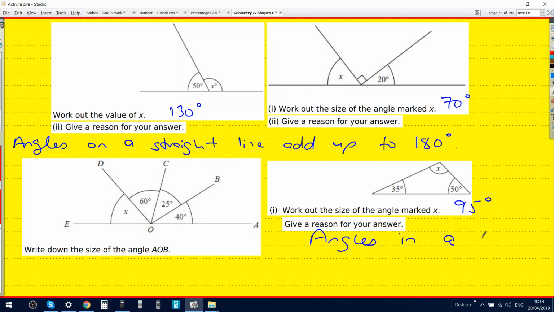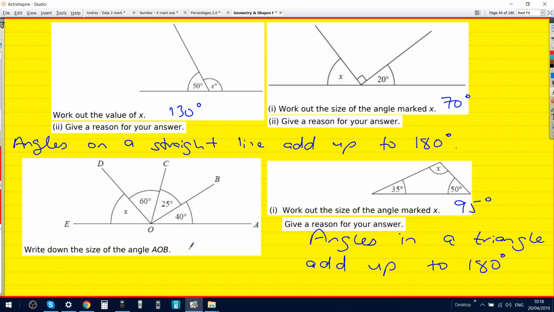How about bottom left? It's given us 60, 25, and 40. So add those all together, that gives you 125, I think. 60 add 25 add 40. Yeah, 125. Then you have to make sure it's a straight line.